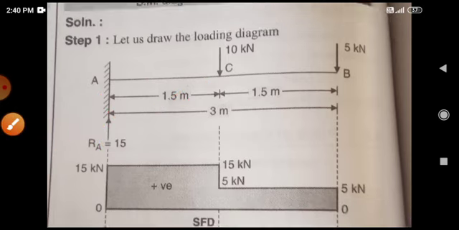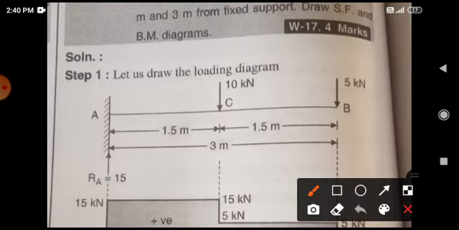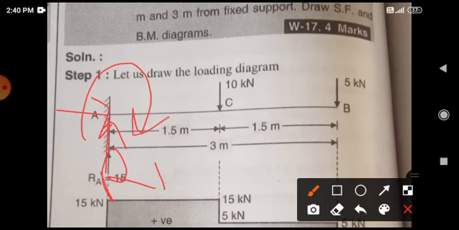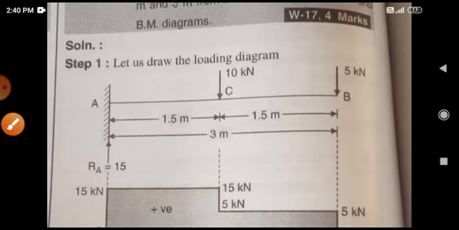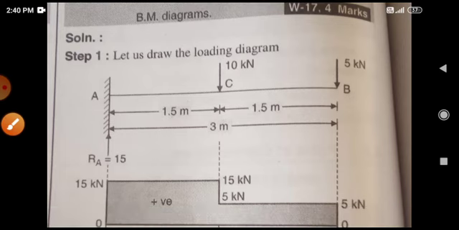As this is a fixed support, there are 3 types of reaction: vertical, horizontal, and one more is bending moment. So how can you calculate these reactions? Reaction at A vertical, reaction at A horizontal, and bending moment at A. Let's calculate all of these first, because without that we can't calculate anything.